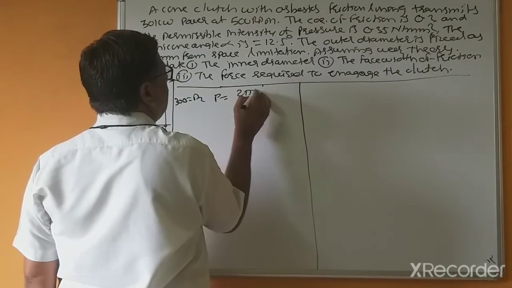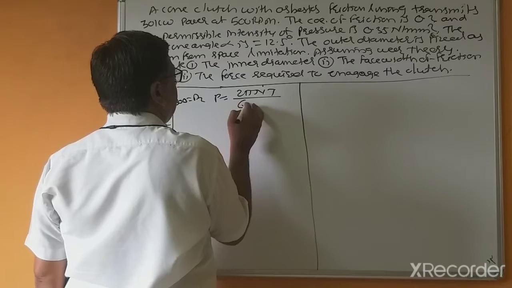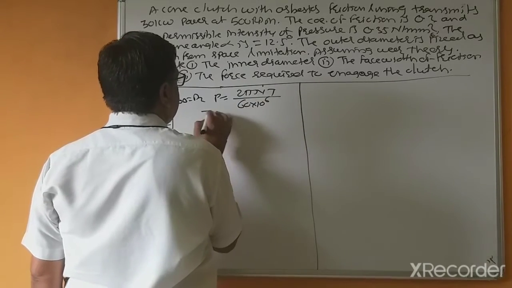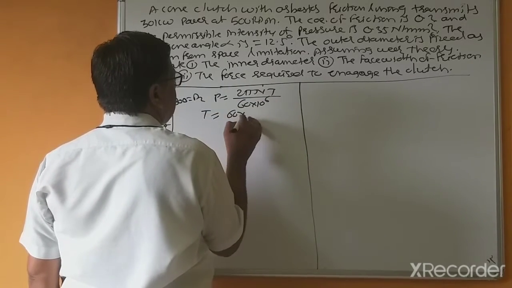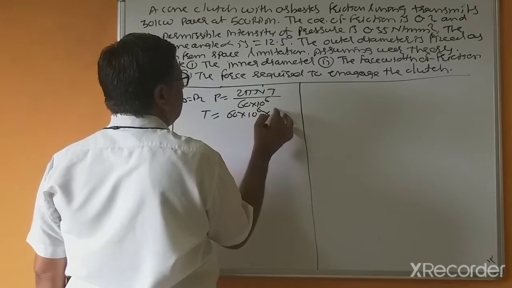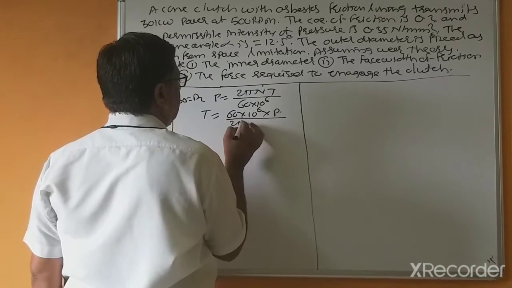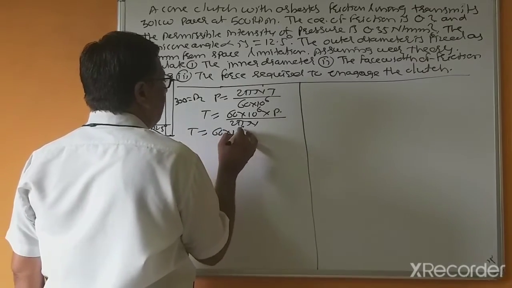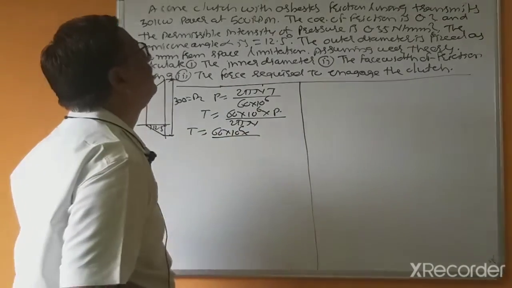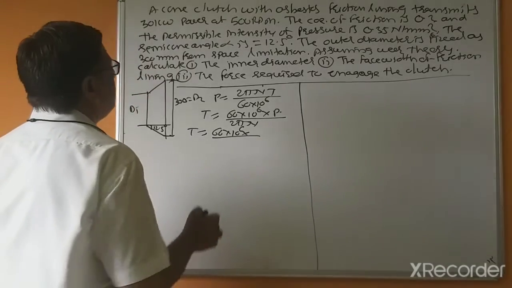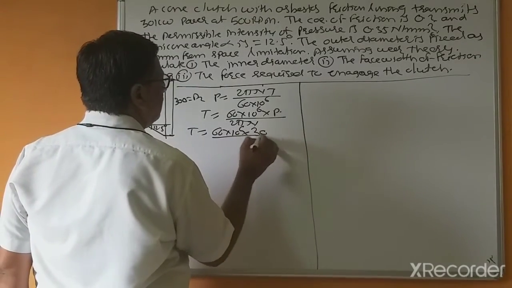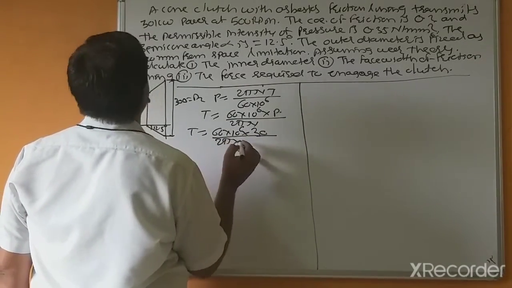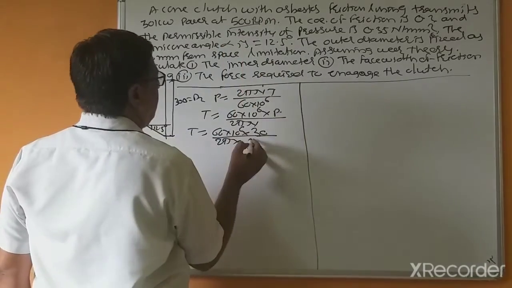So P equal to 2 pi NT divided by 60 into 10 to the power 6. P is 30 kilowatt and this RPM is 500.